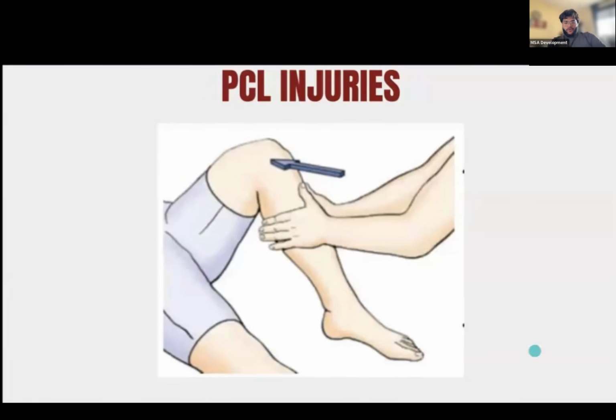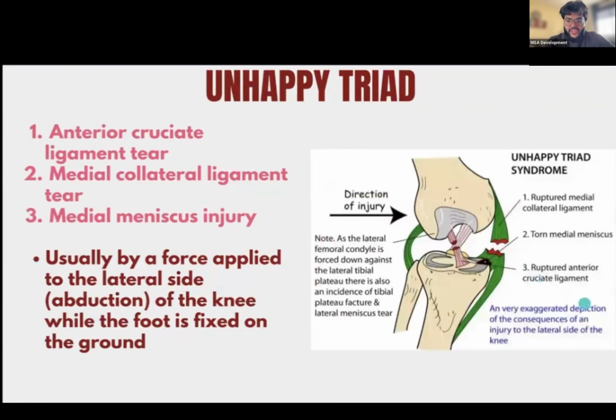Now, a common triad that you have probably already discussed is the unhappy triad. It's a classic injury seen in football and similar sports, where you have an ACL tear, an MCL tear, and a medial meniscus injury.